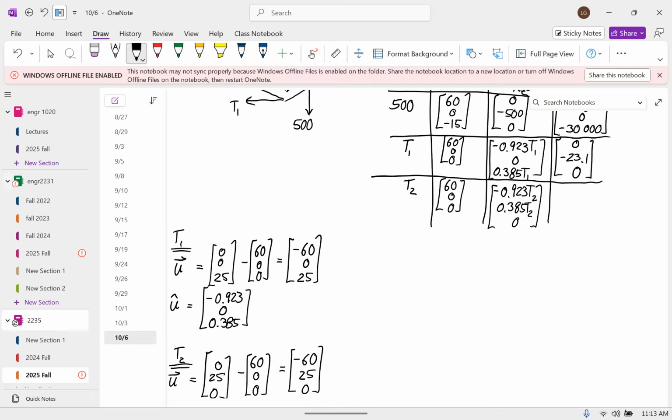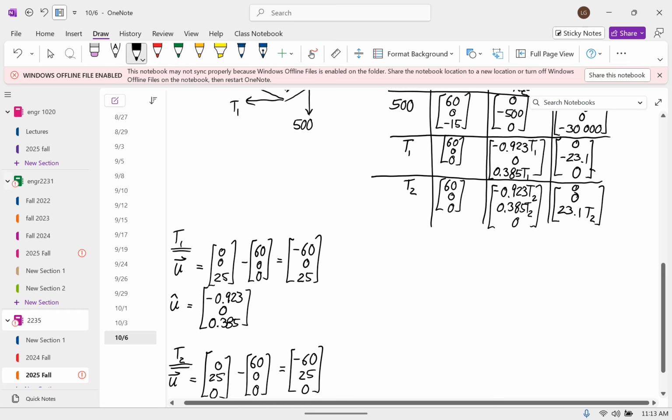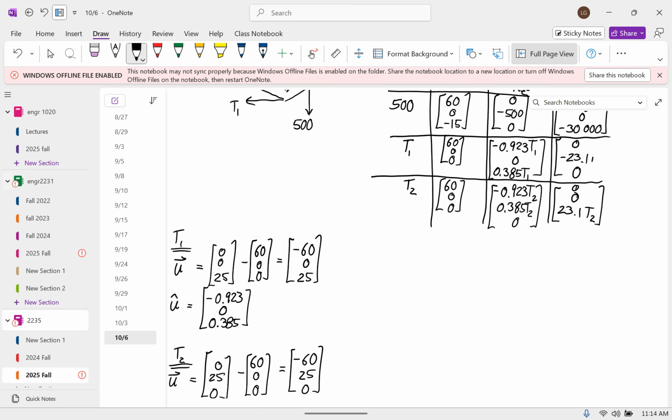And so the cross product is 0, 0, 23.1. And this should be multiplied by T2. And I forgot that on the one above. That should also be multiplied by T1. T1, yeah.